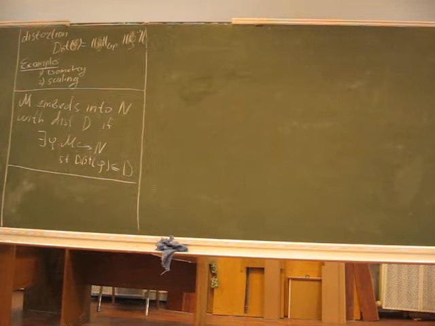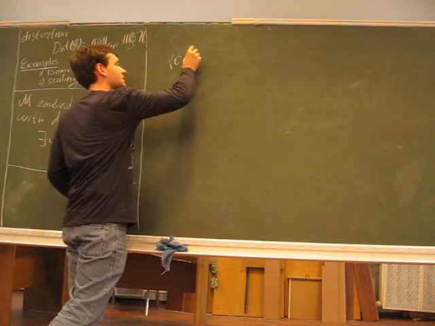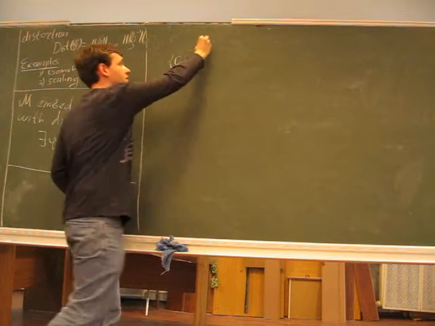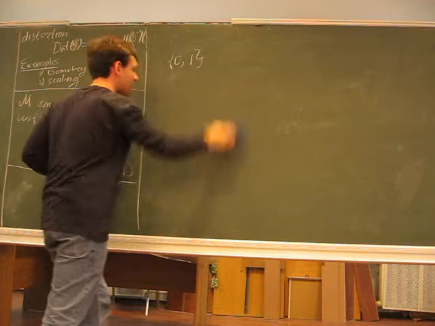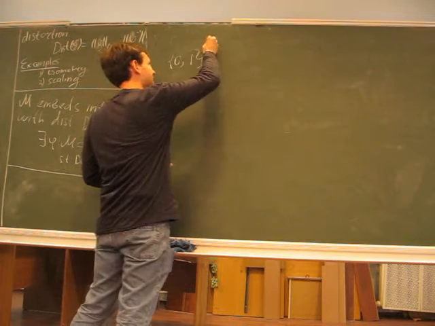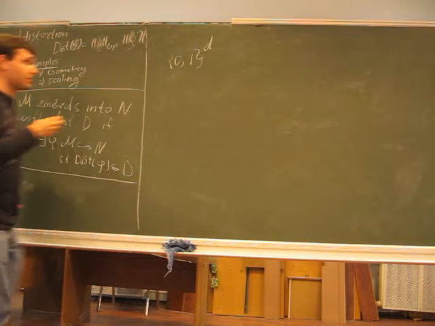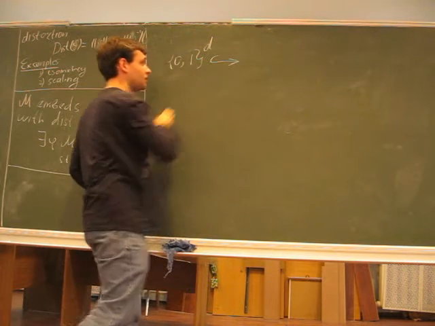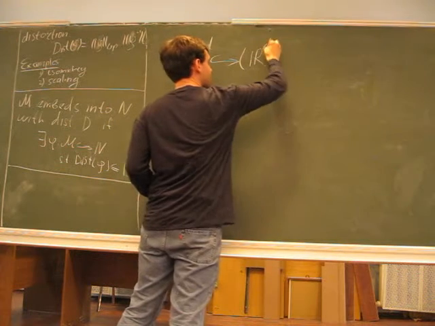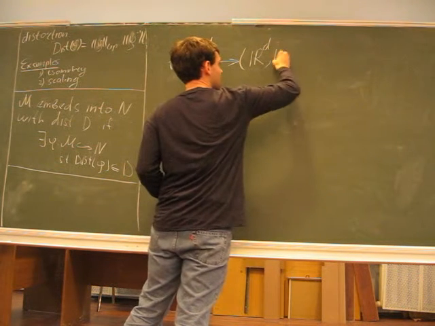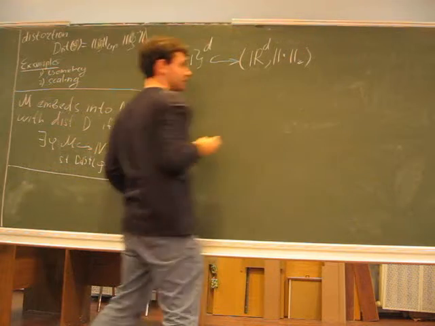So one interesting example is the following: we have a d-dimensional Hamming cube, and we can embed it into the same d-dimensional Euclidean space equipped with the standard Euclidean distance.